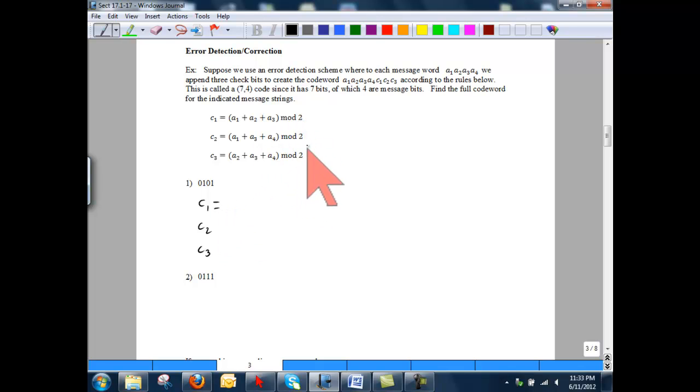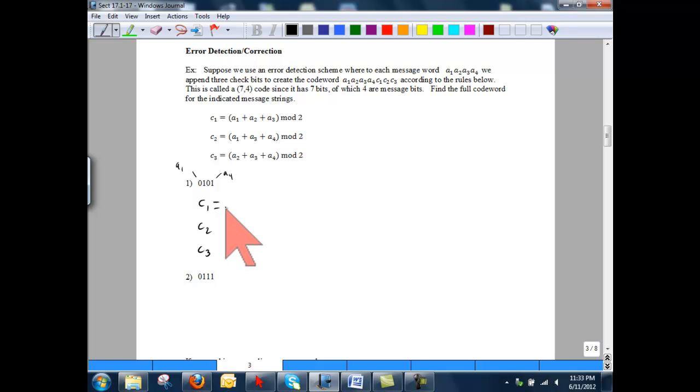By the way, this is definition. It's not something you're supposed to know. It's just whoever's setting up this code says this is how it's going to work. So let's take their choice and work with it. C1 is computed as A1 plus A2 plus A3. So notice here is A1, A2, A3, here is A4.